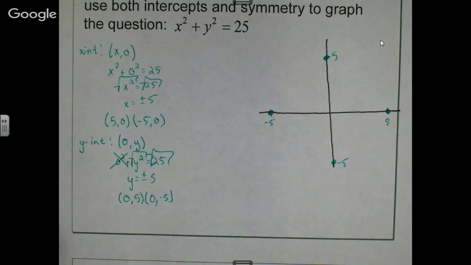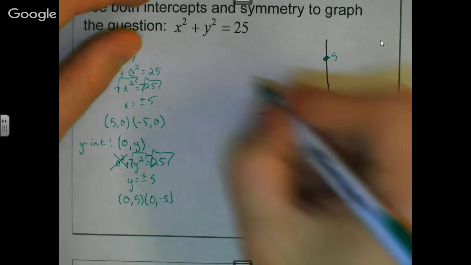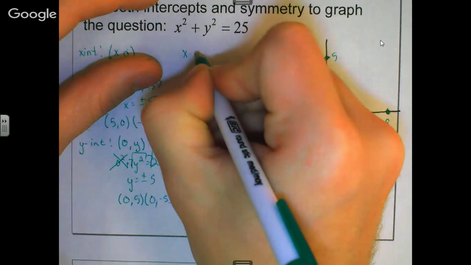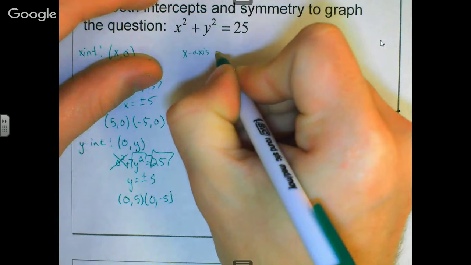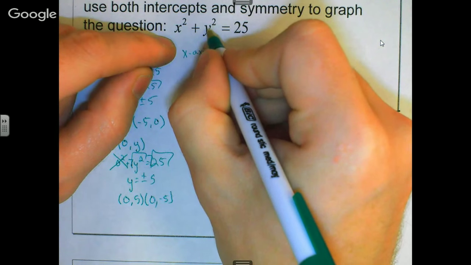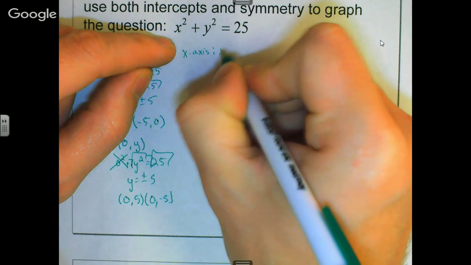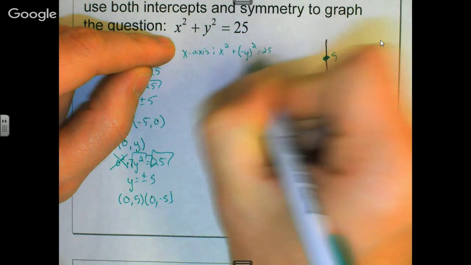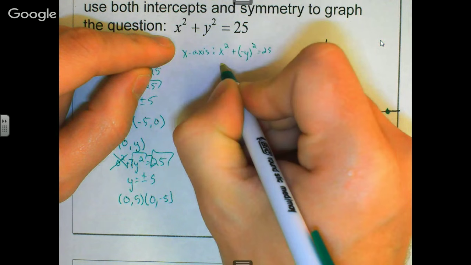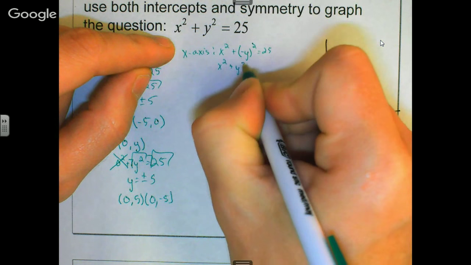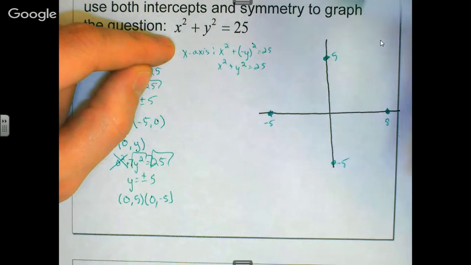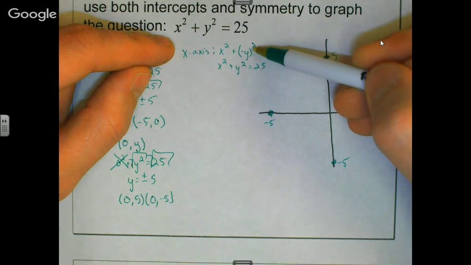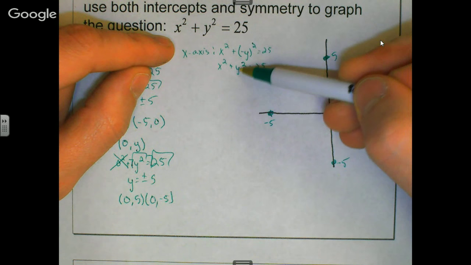Okay, now let's check for symmetries. So if we look at x-axis, we'll plug in negative y. So I have x squared plus negative y squared equals 25. Negative y times negative y. And you might now be asking yourself, well, if it's an even power up here, will it be positive?